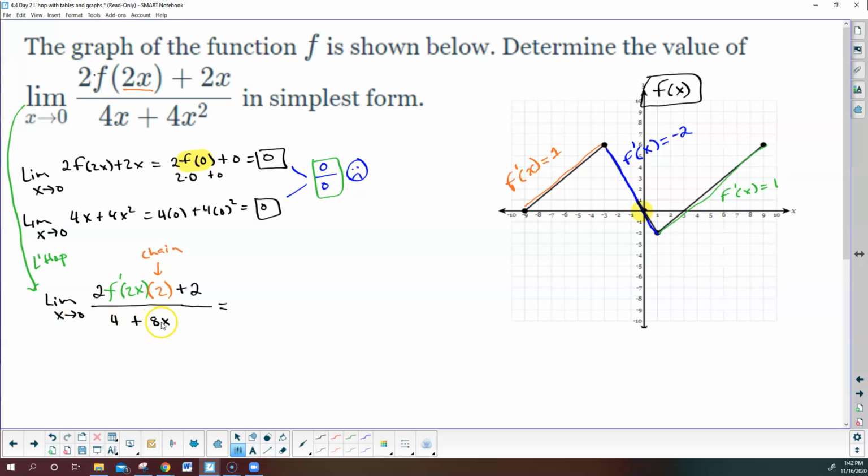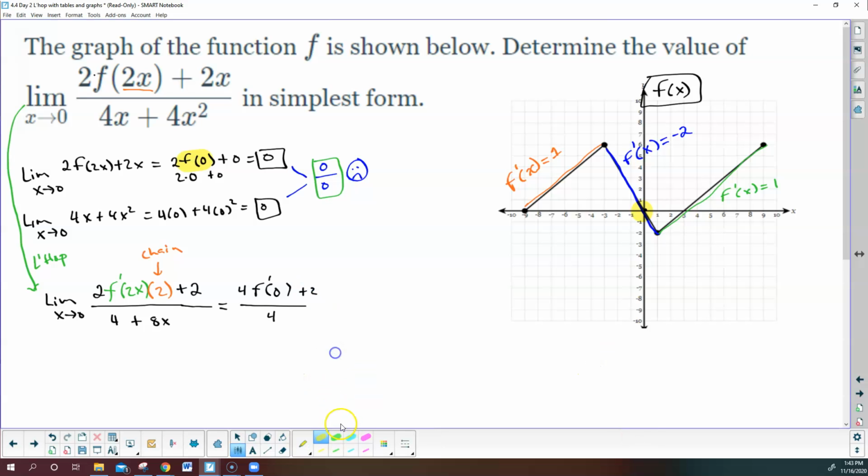If I plug in 0 here, I'm going to get 4 plus 0, so I will get 4 on the bottom. So I'm okay with saying equals because I think this is going to work out. Now I have to plug in 0 right here. So notice this chain rule times the 2 out in front, that's 2 times 2 or 4. And then when I plug in 0 here, 2 times x is just 0 plus 2.